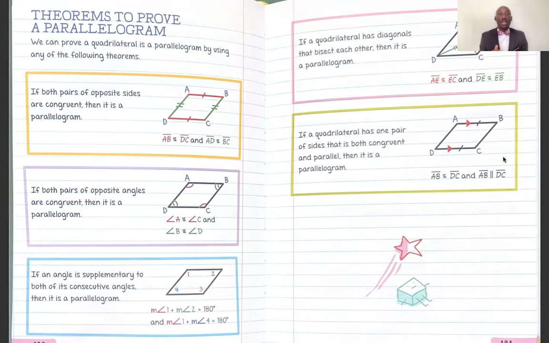So again, we can prove a quadrilateral is a parallelogram by using any, right? Any of is key, meaning you don't need all of them. If any one of these five is true, then it's a parallelogram.